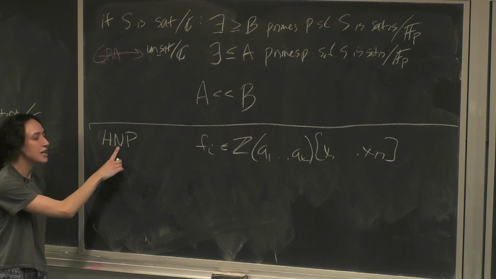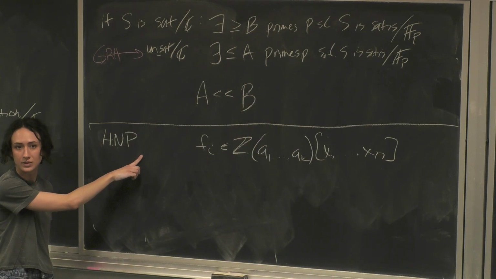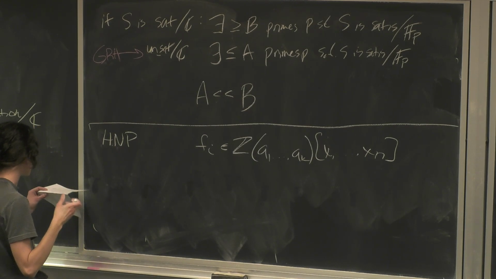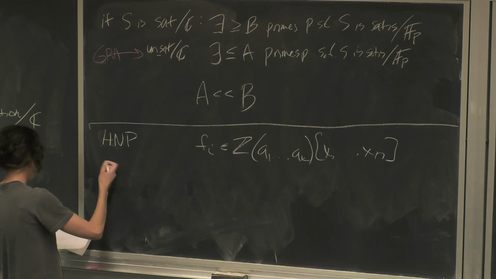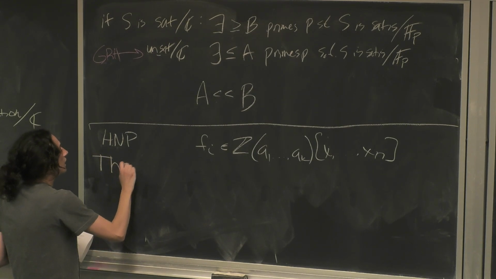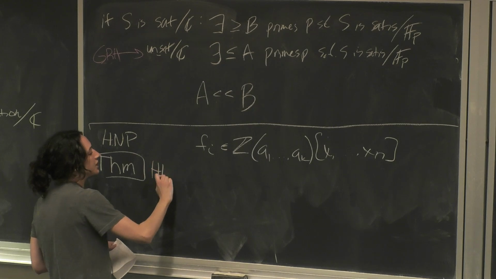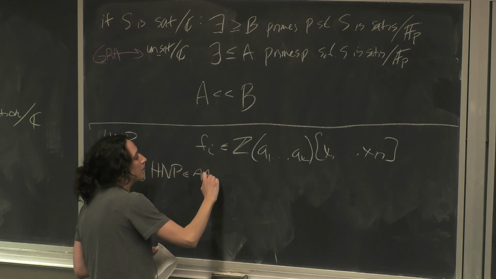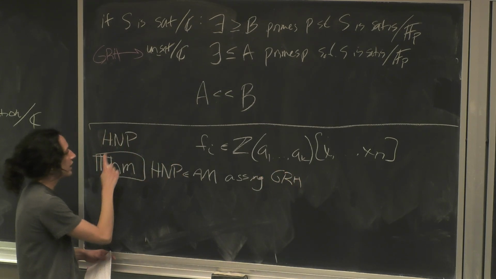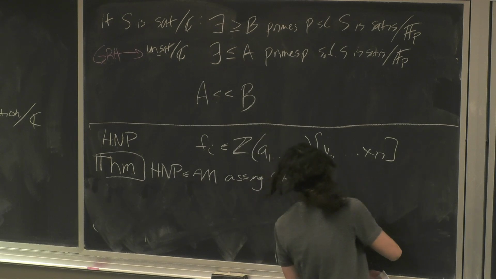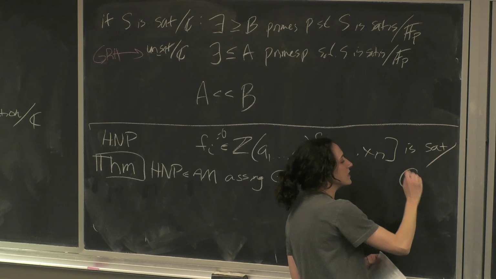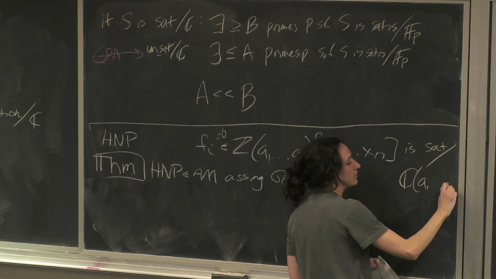So this is HN parameterized. This was proven this summer by a group of computer scientists, El Mansour, Balaji, Nosan, Shirmohammadi, and Worrell. They prove that HNP is in AM assuming GRH, where HNP is asking if this equal to 0 is now satisfiable over C adjoin these parameters.